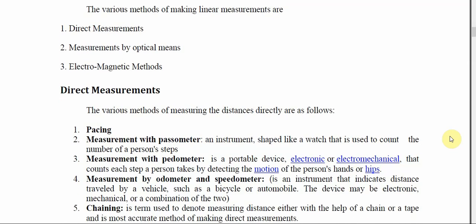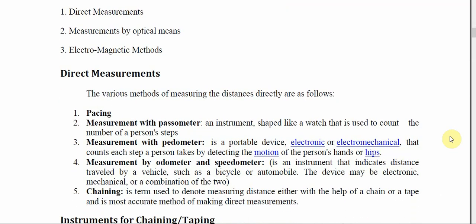Some of the direct measurements involve pacing. Pacing means using our own feet, our own steps. Like if you walk from one end of the room to the other end of the room, you might cover it in 5 steps. So the length is 5 steps.